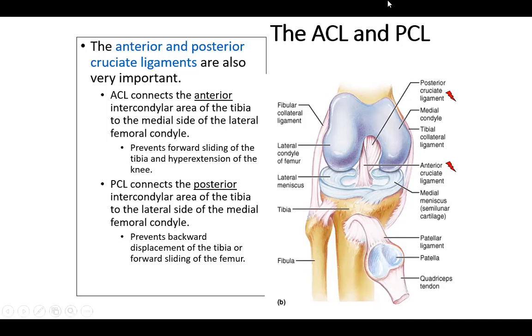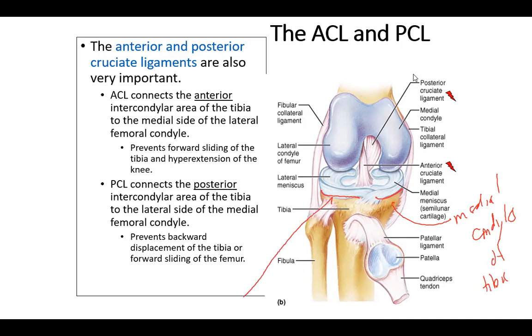Here's the tibia. Here's the condyle for the tibia on each side. This is the medial condyle of the tibia.